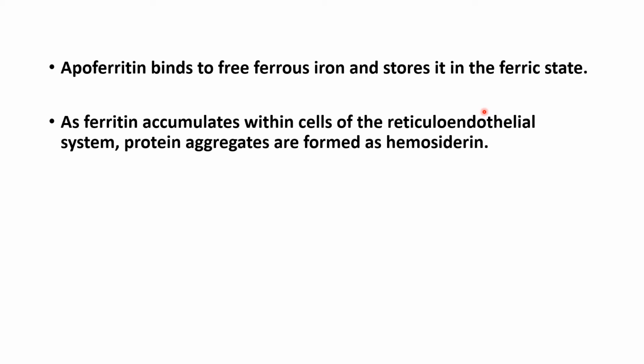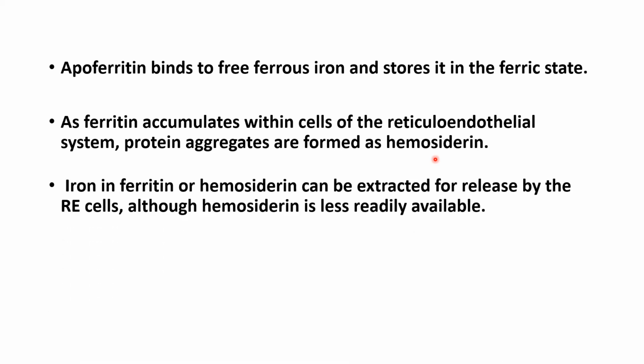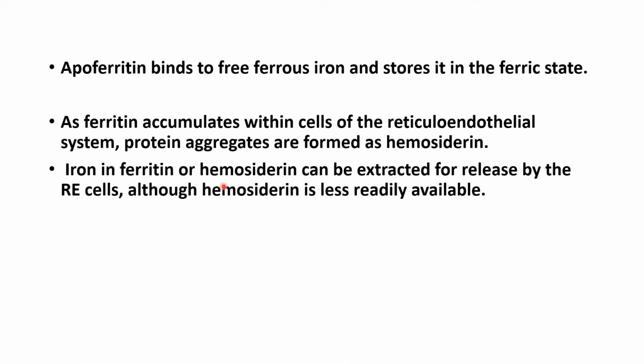We know the aggregation of ferritin results in hemosiderin. Hemosiderin is toxic, that we have already discussed. Iron in ferritin or hemosiderin can be extracted for release by the RE cells, although the hemosiderin is less readily available.